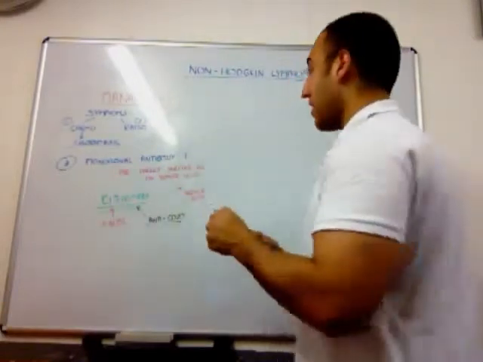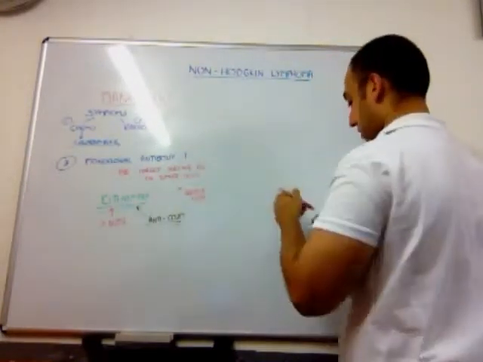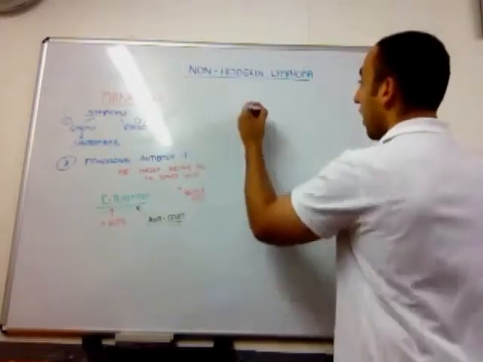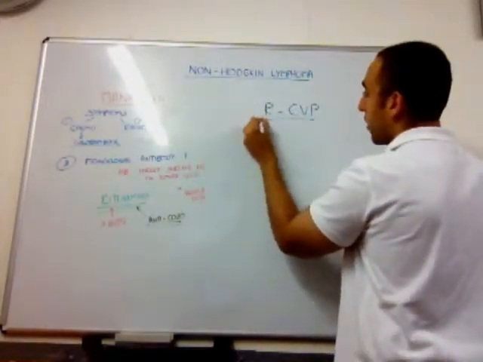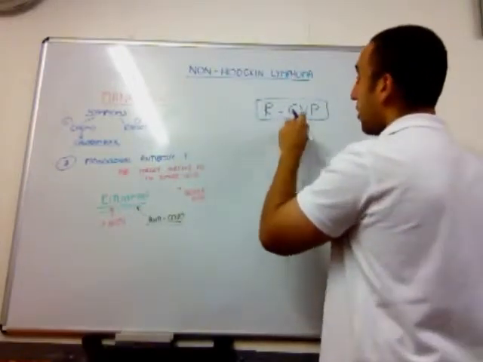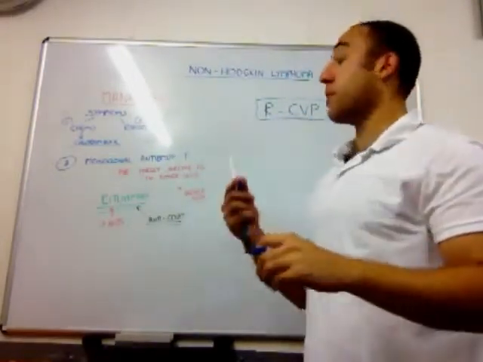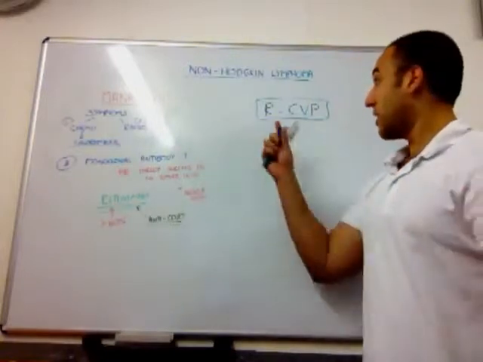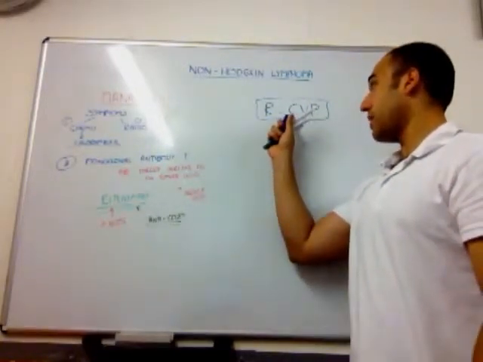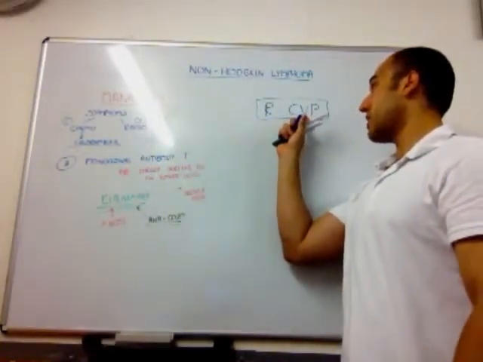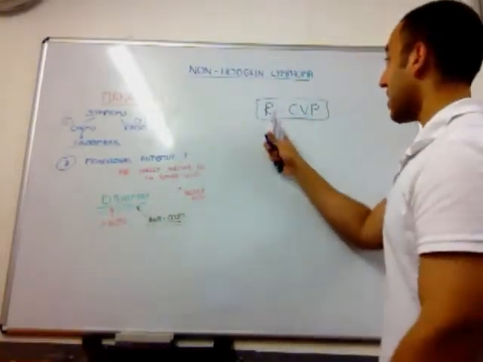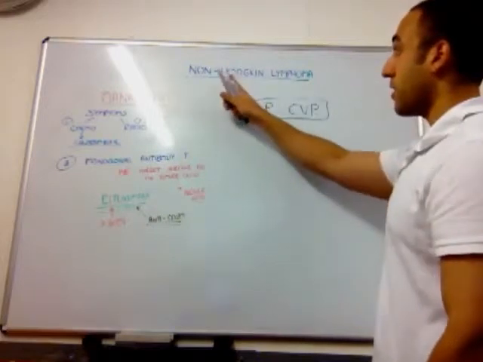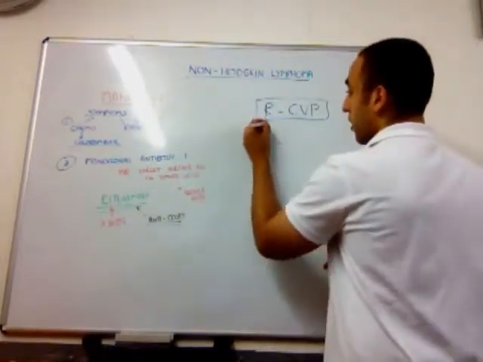And this is going to make up something called the RCVP regimen. It's going to be made up of rituximab, cyclophosphamide, vincristine and prednisolone. These 4 drugs together are going to make this RCVP therapy for non-Hodgkin's lymphoma.